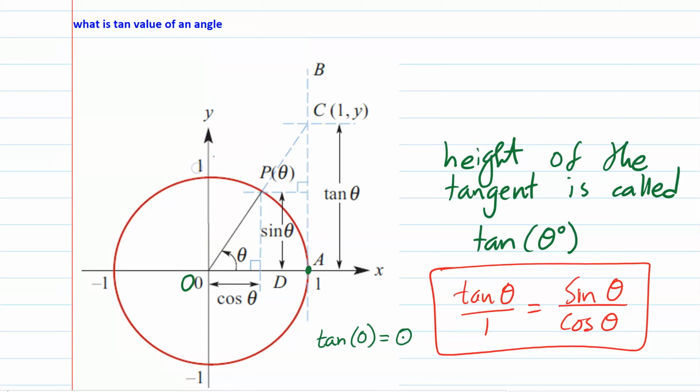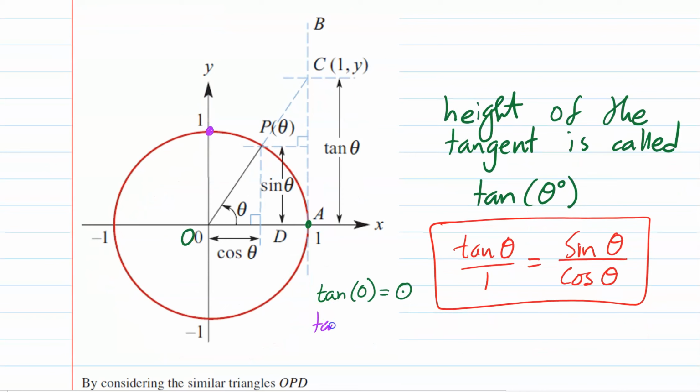Hence, what we have to write here is tan pi on 2, the legendary UD. What does UD mean, ladies and gents? Undefined. You can see there is no height defined for 90 degrees. Same for negative 90 degrees, negative pi on 2.